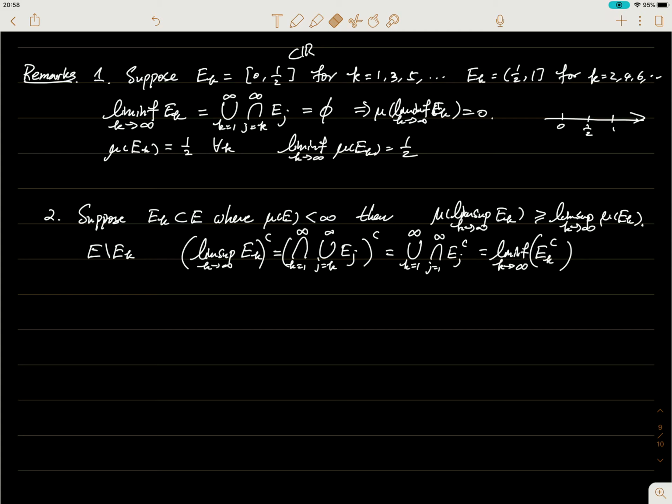So on the right-hand side, I can apply the corollary we just had. So it's mu of the lim inf, the lower limit, of Ek complement, and that's just less than or equal to the lim inf of mu of Ek complement, right?